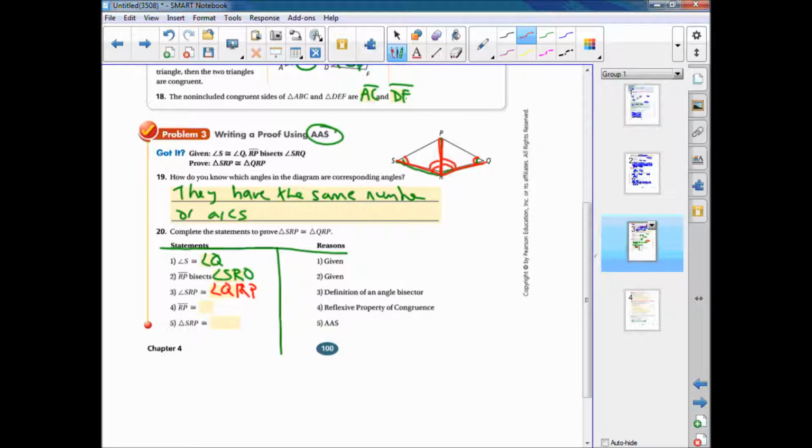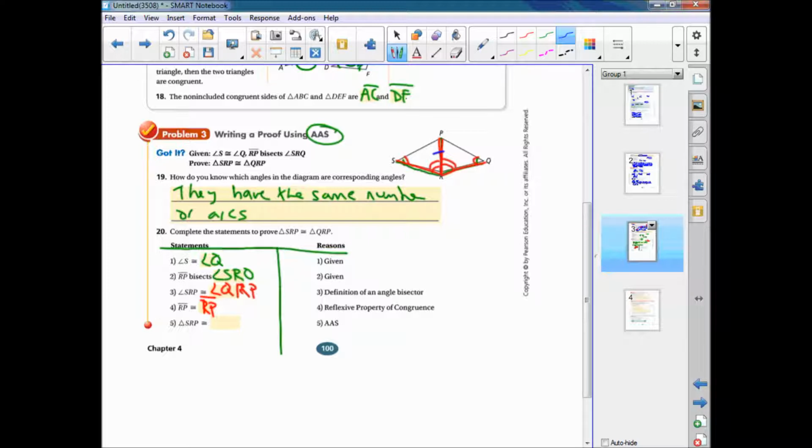All right, and we also know that RP is congruent to RP. And that's a side that's in both of the triangles, and we'll use the reflexive property to show that. Okay, so RP is RP, so that means that since this side right here is in both triangles and it touches the two marked angle in both of them, then it's a corresponding side.